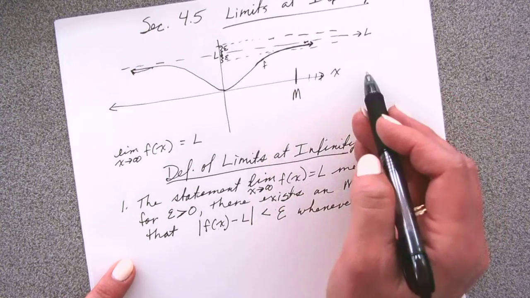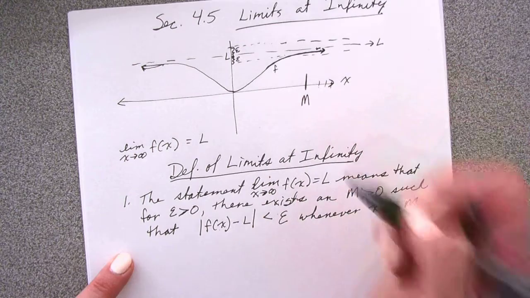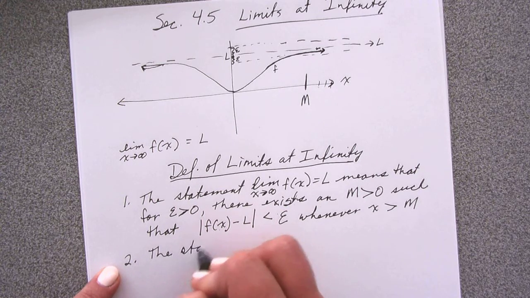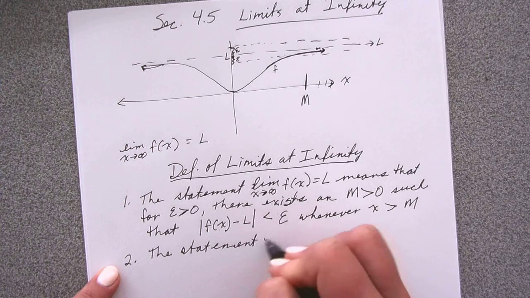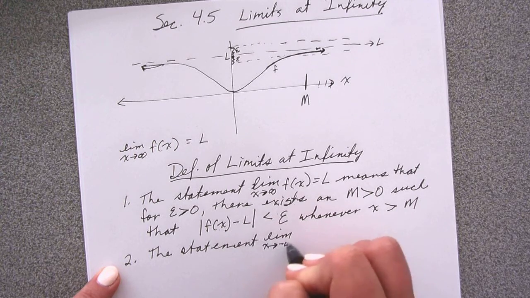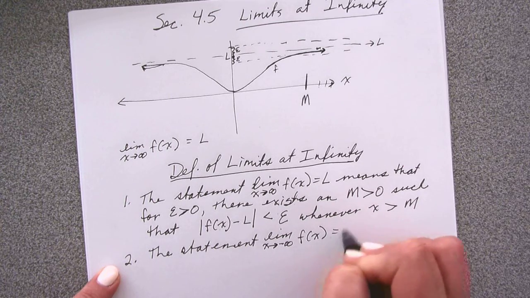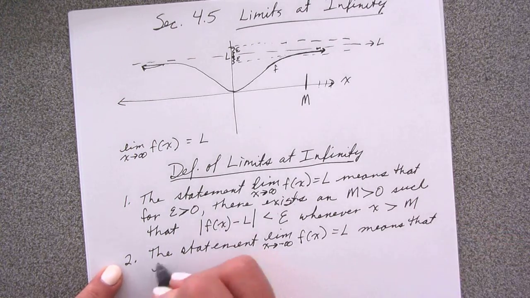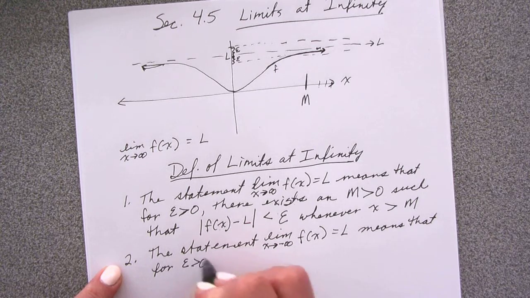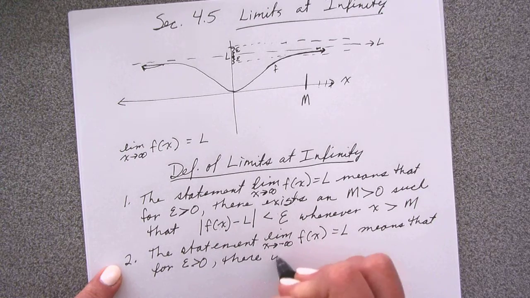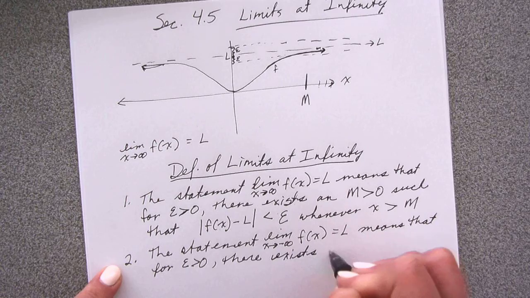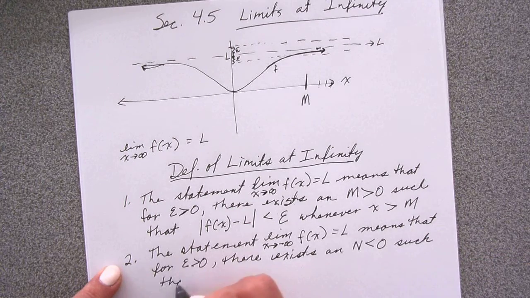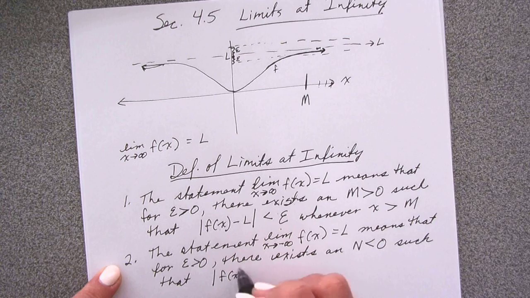Likewise, in the other direction, the statement the limit as x approaches negative infinity of f of x equals L means that for every epsilon greater than 0, there exists an n value that is less than 0 such that the distance between the function and the limit is less than epsilon whenever x is less than n.